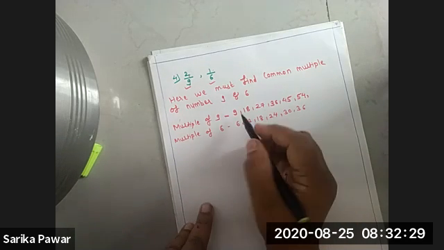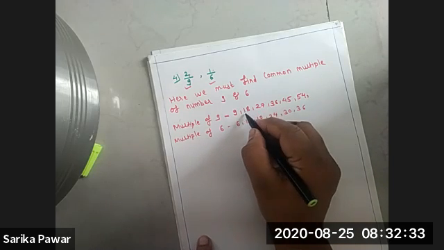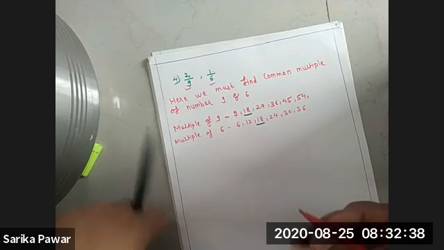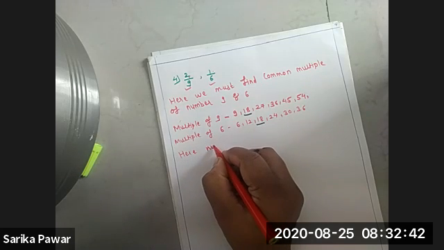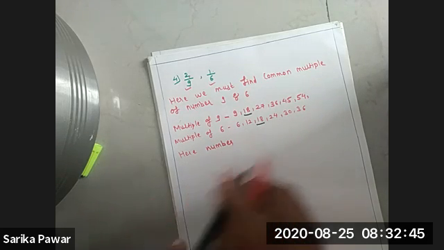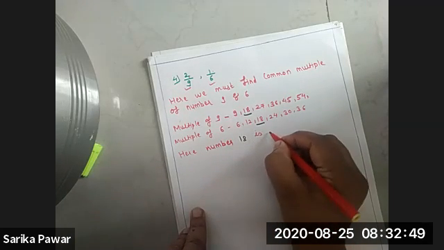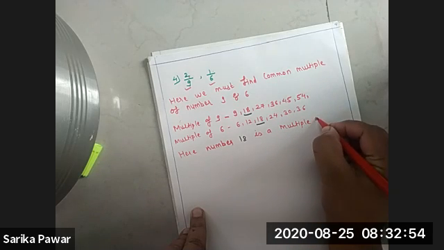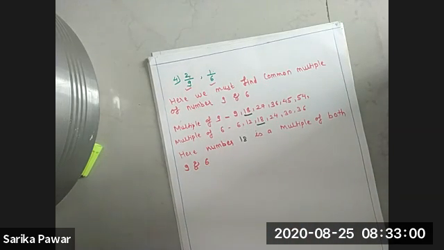See here. 9, 6, 18, 12, 27, 18. See here, 18 and 18. Same number from both the tables. So here number 18 is a common multiple of both 9 and 6.